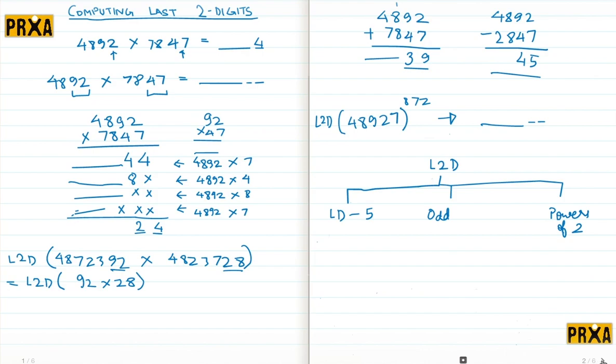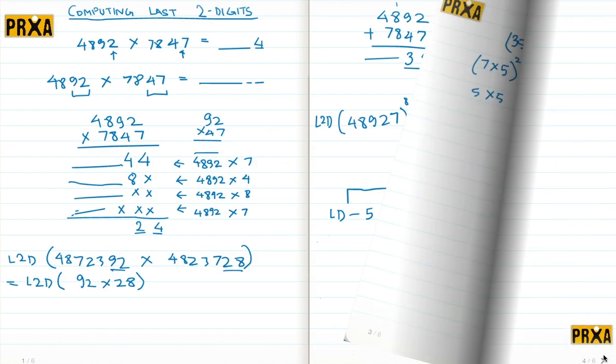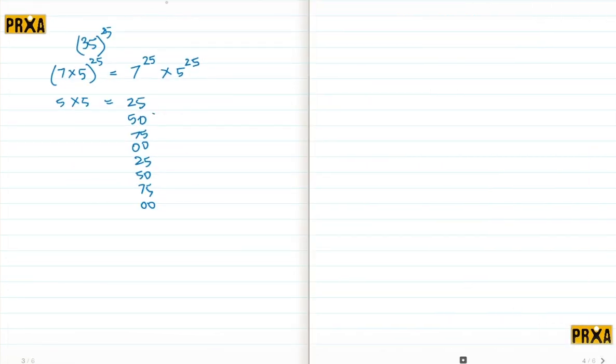So let me take up the first case, last digit being 5. I've written down an example here. So last digit 5, the number I've taken is 35 and the power that I'm trying to compute is 25.